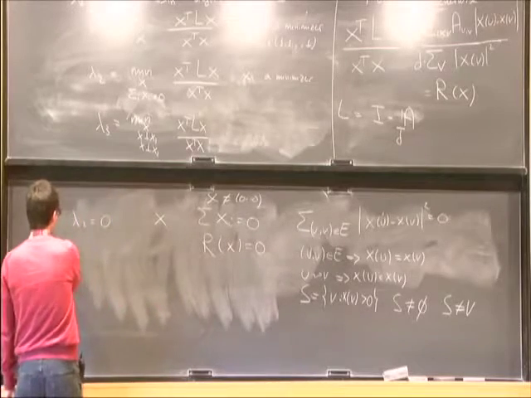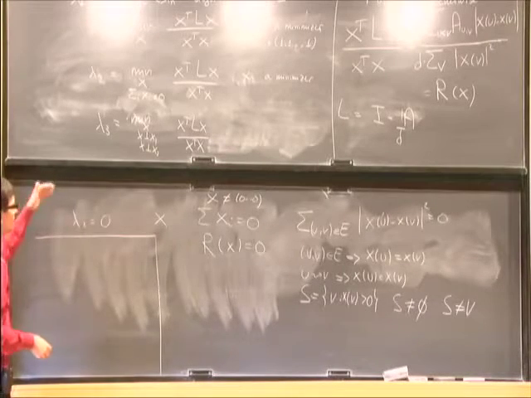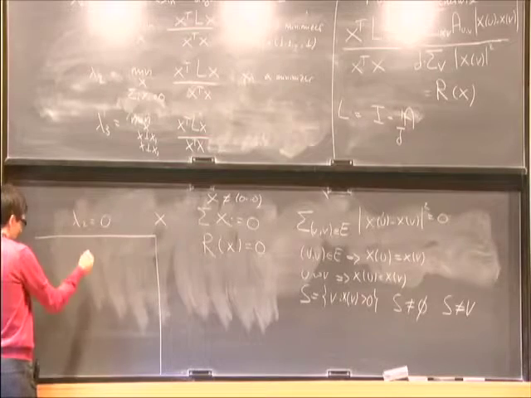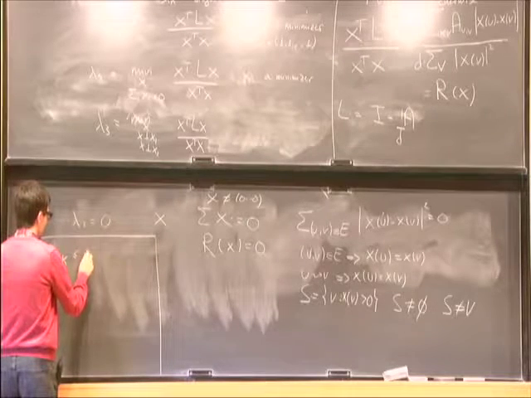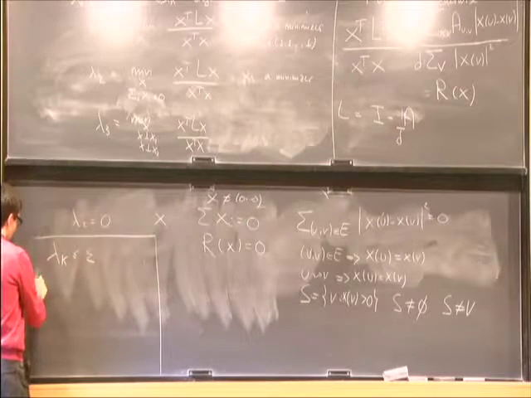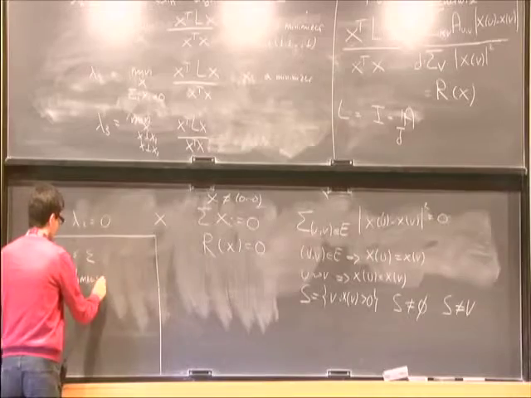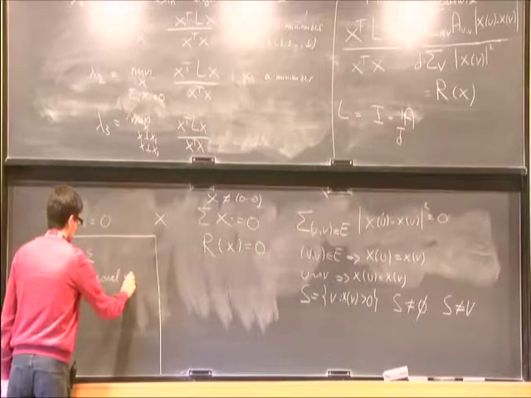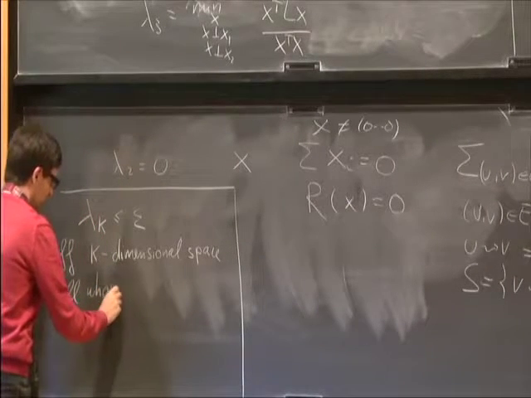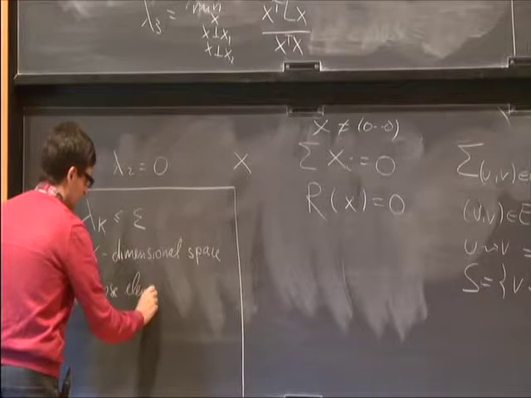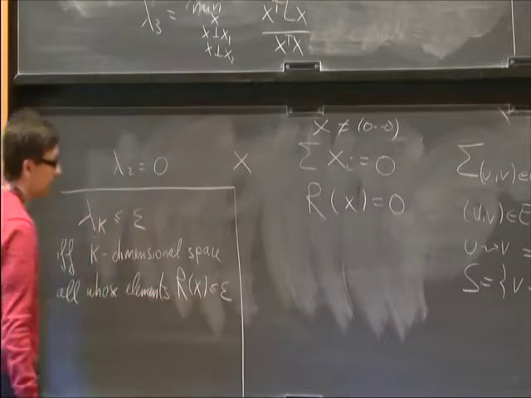Okay. For the other direction, something useful that also follows from this characterization, and that will be useful later, is that lambda k is smaller than epsilon if and only if there is a k-dimensional space all whose elements satisfy that the Rayleigh quotient is at most epsilon.